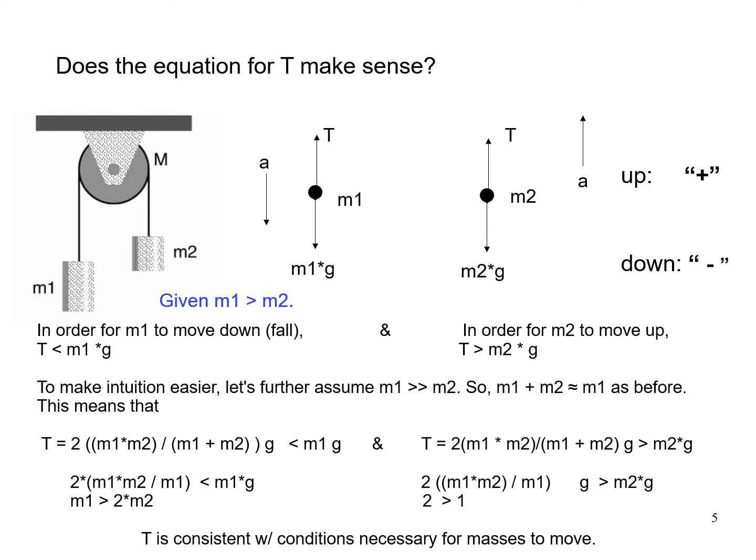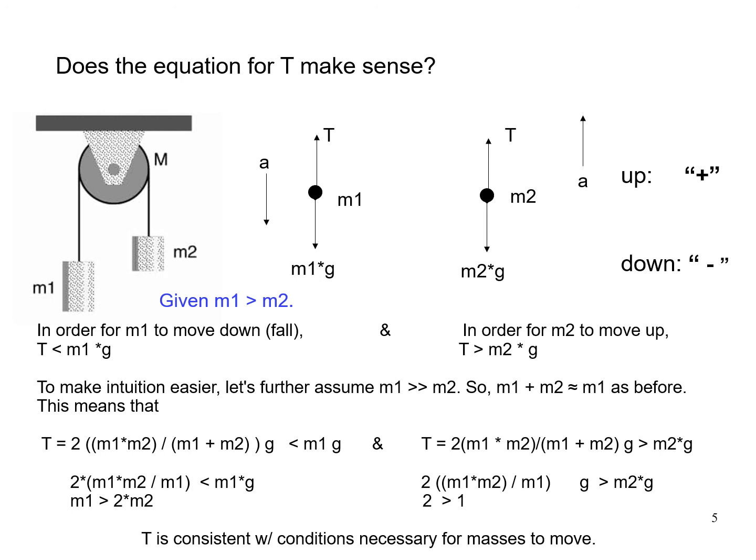Now we can reverse our algebra to get to the equation above it. That is, we now know that this middle equation, which I'll point to here, is also true. And we can reverse our algebra once again, and we now know that our initial conditions are also true. We can use the same approach for m2. T must be greater than m2 times g in order for m2 to accelerate up.